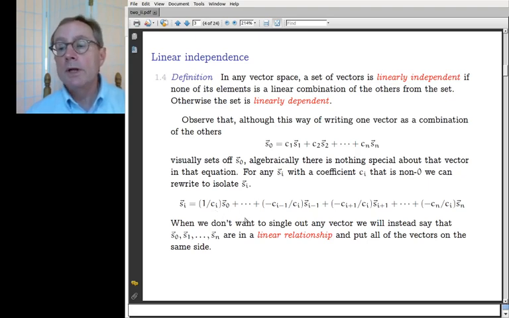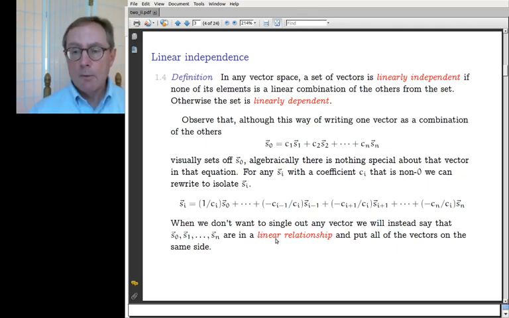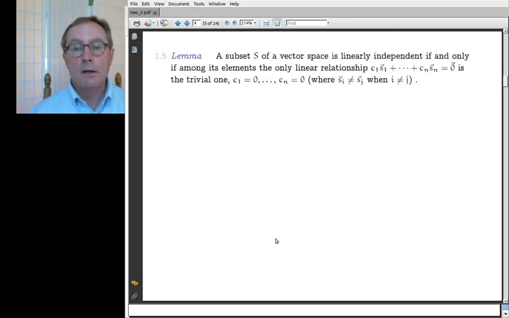When we don't want to single out one vector as sort of different than the others, and we often won't, what we'll say instead is that they're in a linear relationship, and we'll write them all on the same side. And that proves to be convenient here. If you write all your vectors on the same side and then equals 0, that will prove to be the most convenient way to check whether a subset is linearly independent or not.